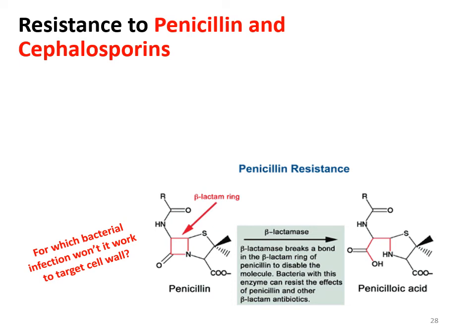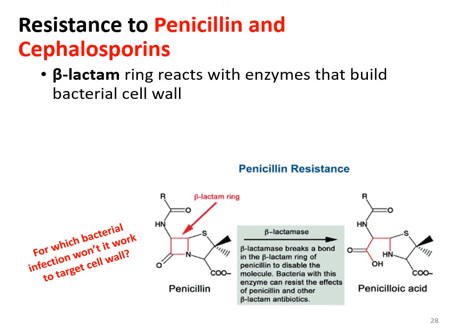The first specific example that you should know for antibiotic resistance is how bacteria can resist penicillin and cephalosporins. Now, like I said, the first thing you have to ask yourself is, how would that antibiotic normally kill a bacteria?